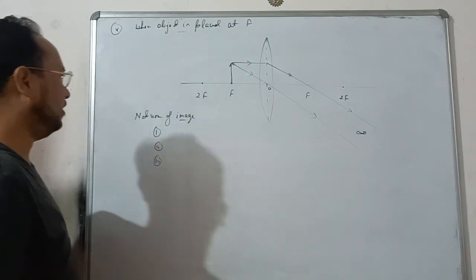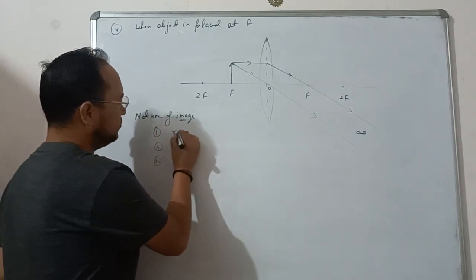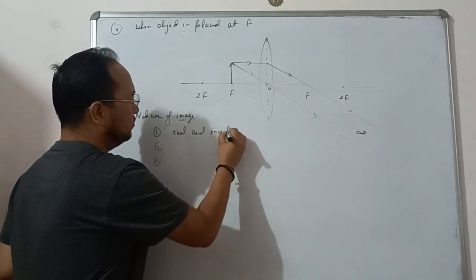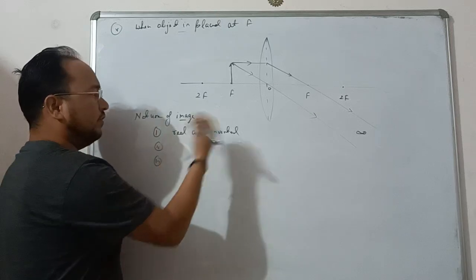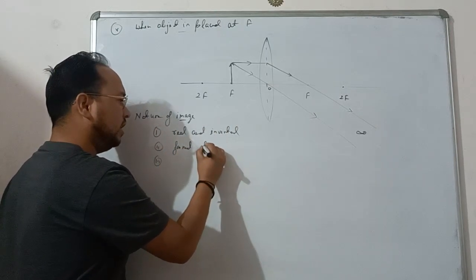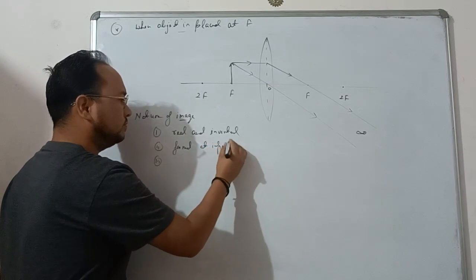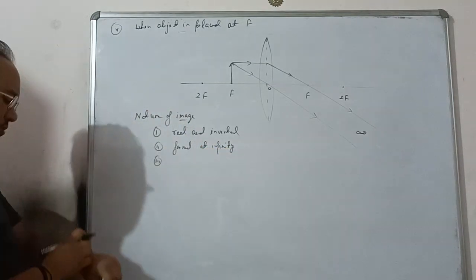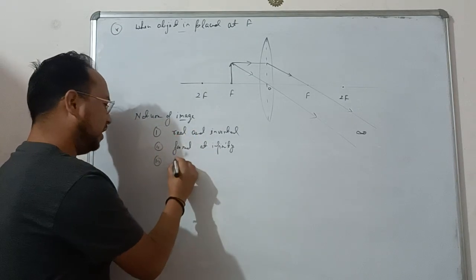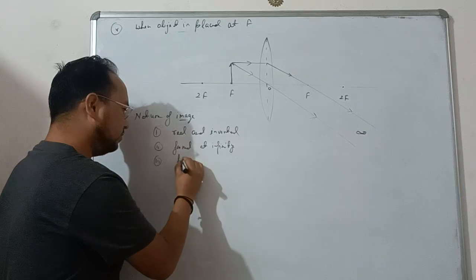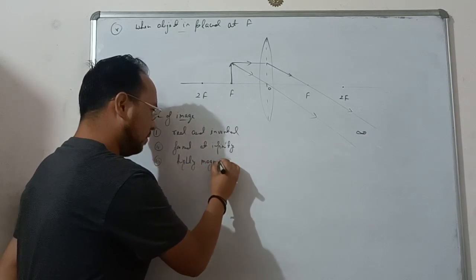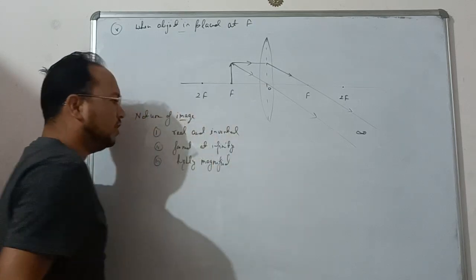So here we will write the nature of image: real and inverted. Second, where it is formed: formed at infinity, and the last one is where size is highly magnified. So this is the nature of image.